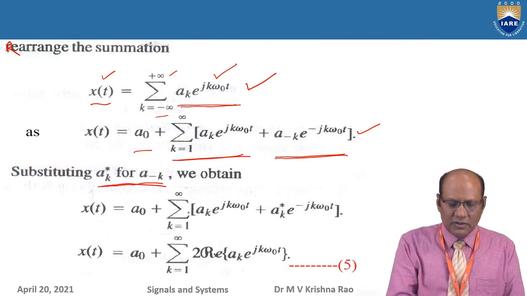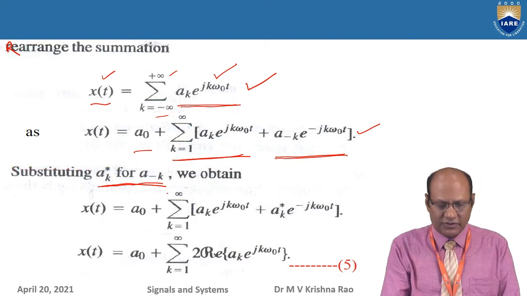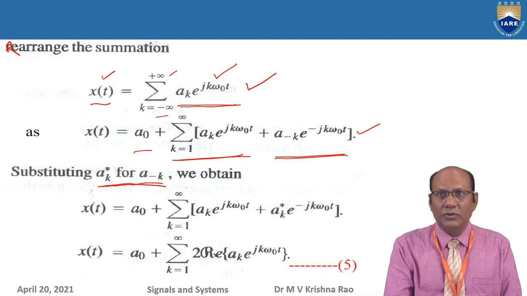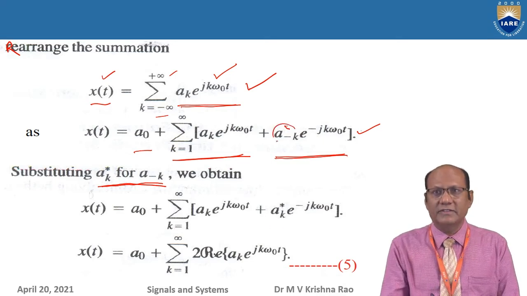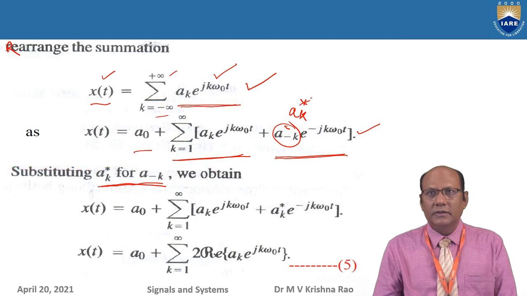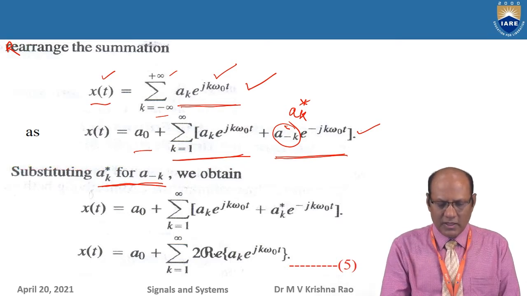That is the significant part of this representation. So I am replacing a minus k with ak star. By doing that, I have this.